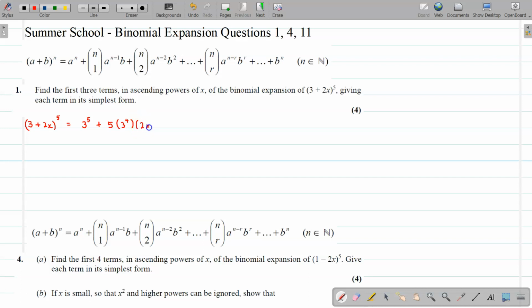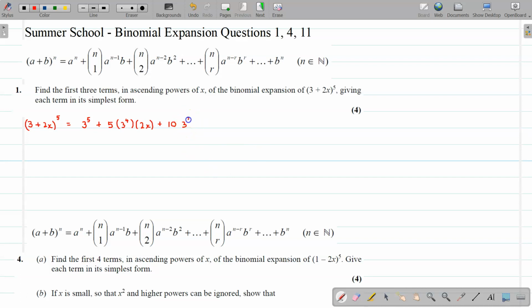And the third term would be 5C2, which is 10. You can get those on the calculator, or you can get them off Pascal's triangle, and that's 10 times 3 cubed.